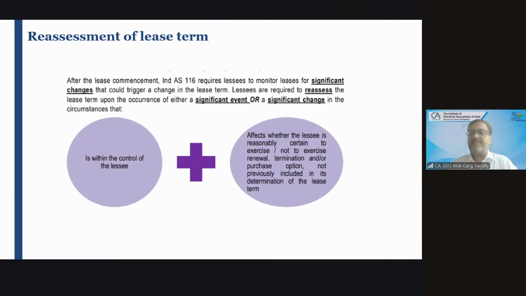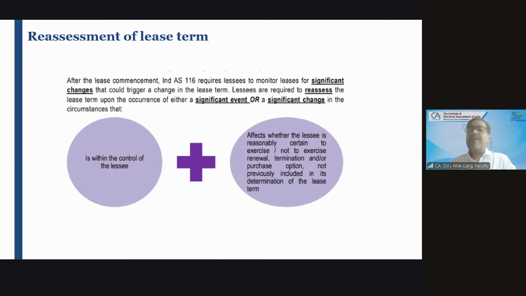Clear? Yes, sir. Sir, when both parties have the right to terminate, and there is a penalty clause as well for both the parties, as well as the lessee has done significant improvement in the leasehold property, in that case, definitely the lessee cannot exercise the option, right?